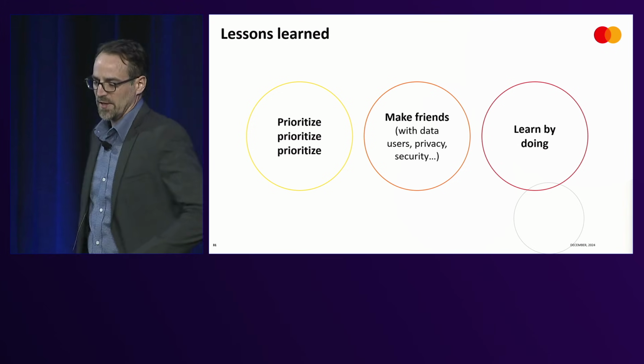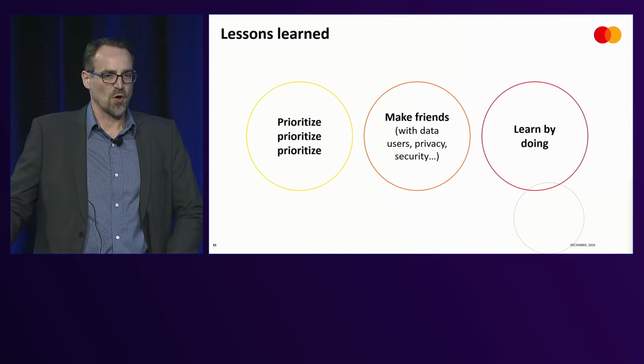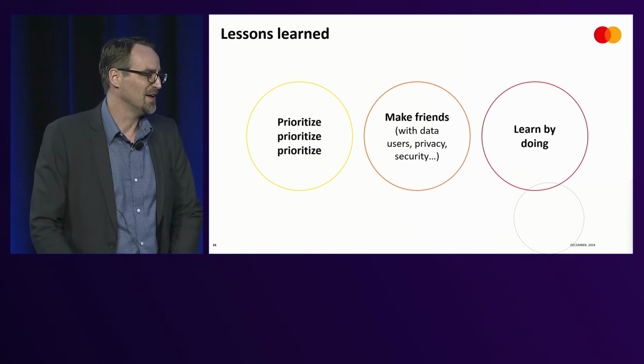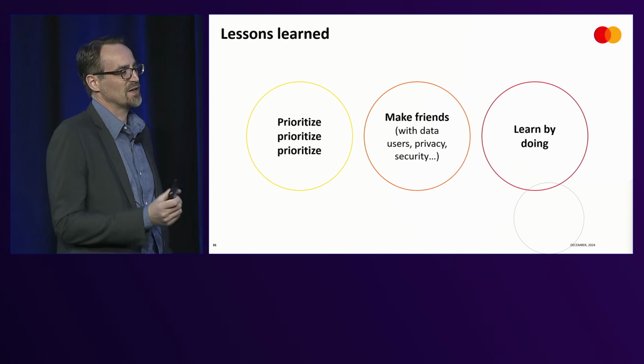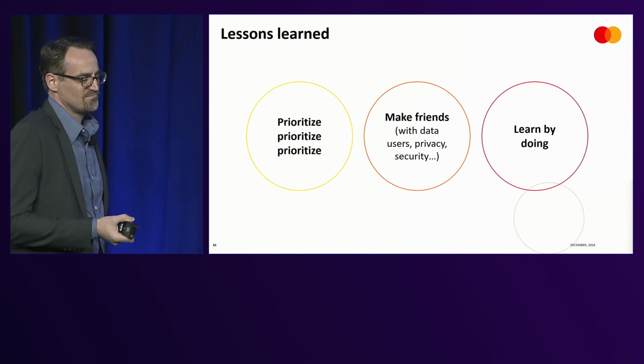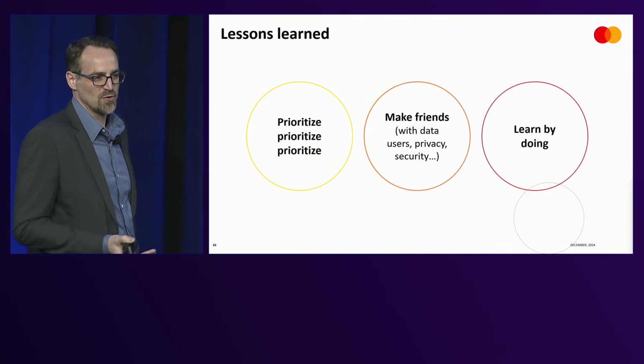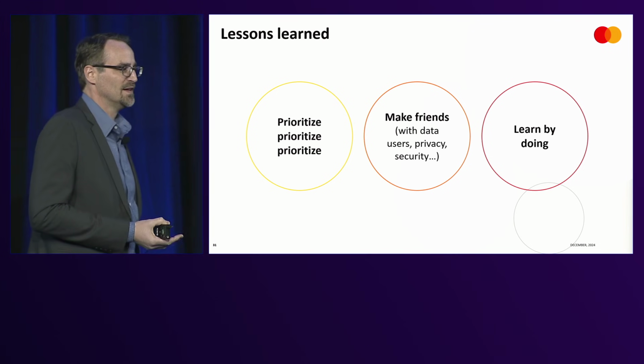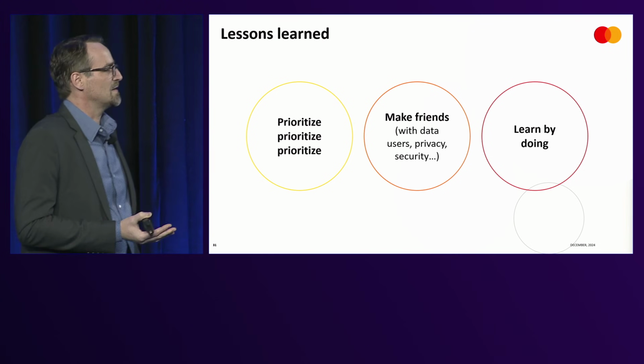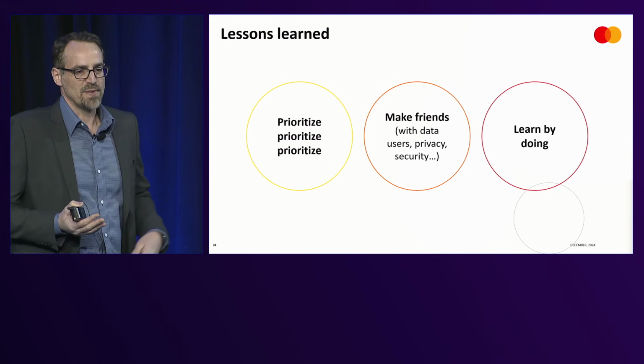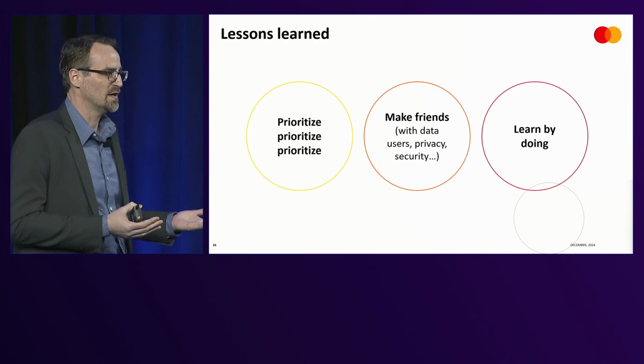Although we're at the beginning of our journey, already I can offer some lessons that we've learned. OK, prioritize. It sounds like, of course, why would you not prioritize? So you have to prioritize based on business value, based on executive support.